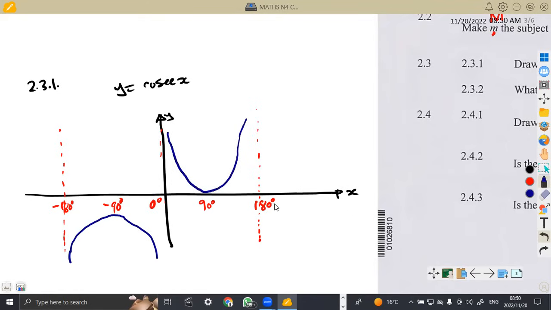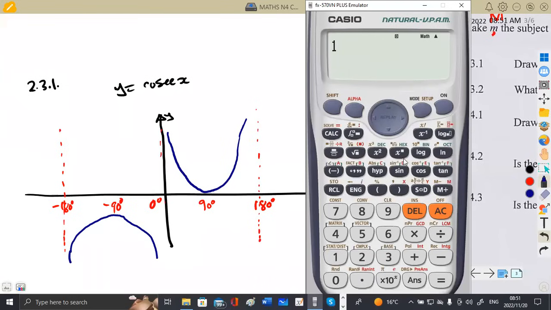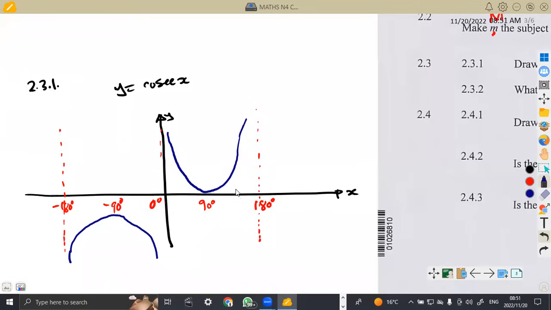Remember cosec is 1 over sine. So it's 1 divided by sine 90. 1 divided by sine 90 is what? That's a 1. So this one is not supposed to be on the ground.